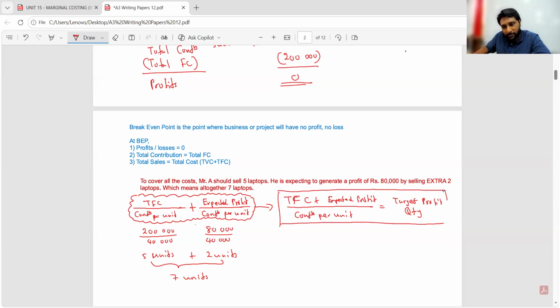Now write it. 200,000 plus 80,000 divided by 40,000. 280,000 divided by 40,000 is equal to 7 units.